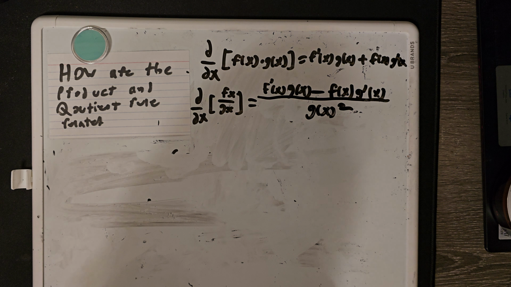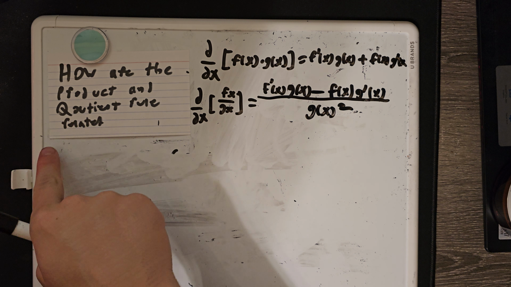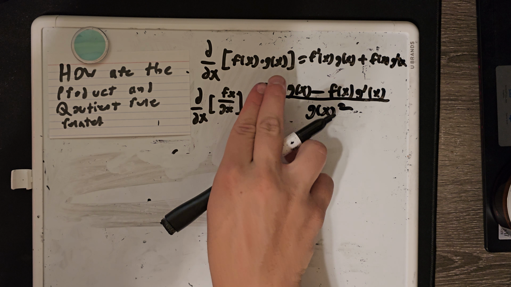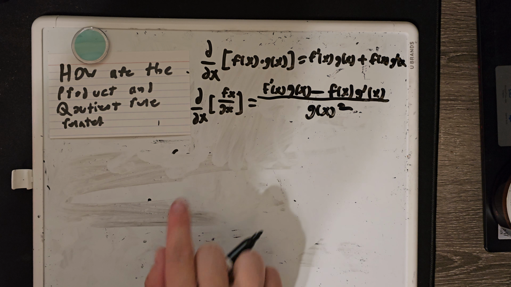Now, if we try to find the derivative of two functions being multiplied, we use this. And if two functions are being divided, we use this.